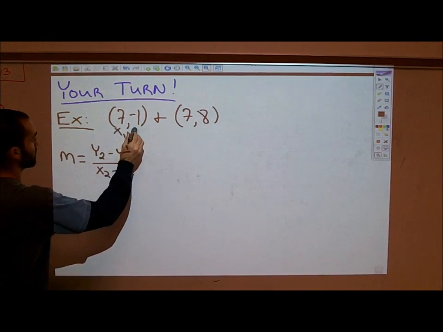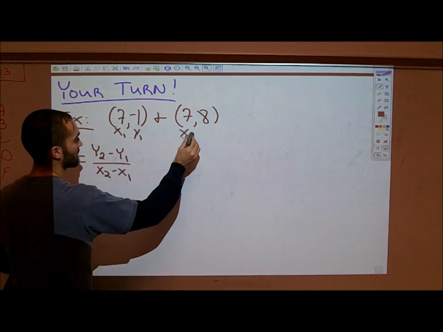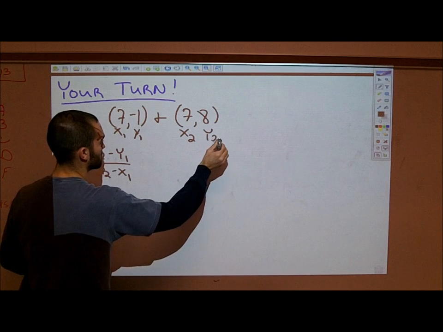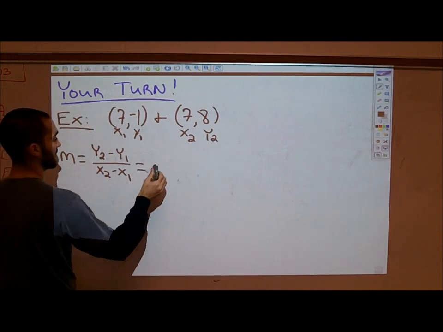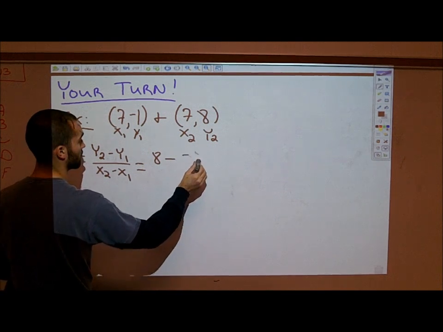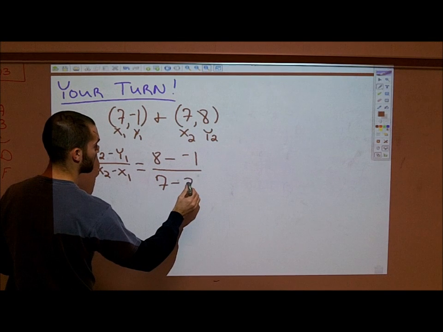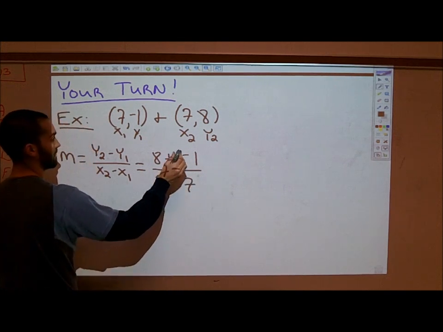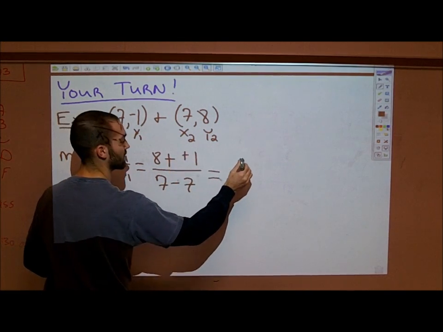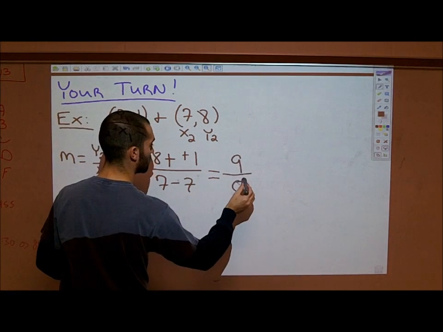This guy right here is x1, y1, x2, y2. We get 8 minus negative 1. I get 7 minus 7. Add the opposite. We get 9. 7 minus 7 is 0.